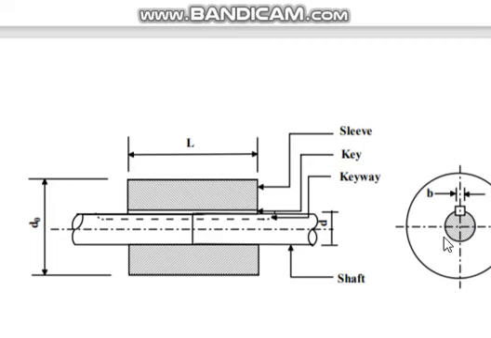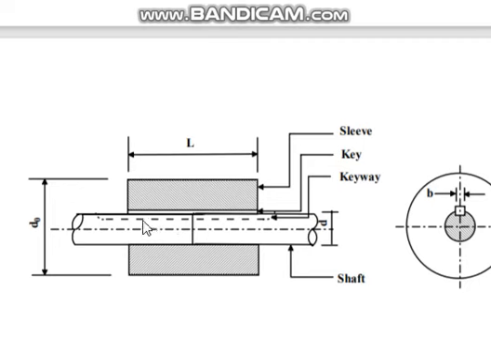So what is happening? If this is the driver shaft and this is the driven shaft, the driver is rotating, so the torque is transmitted from the driver shaft to the key, the key to the sleeve, the sleeve to the key, and again to the shaft.